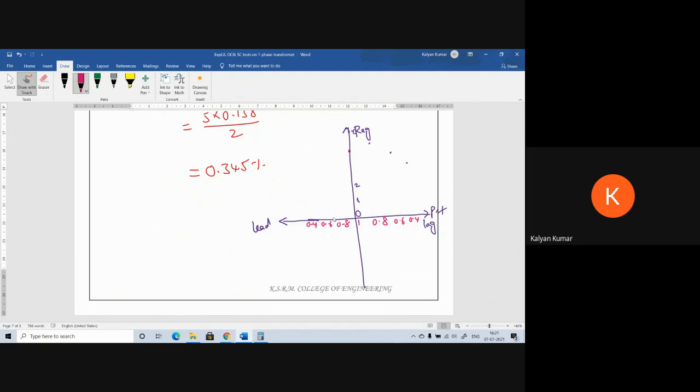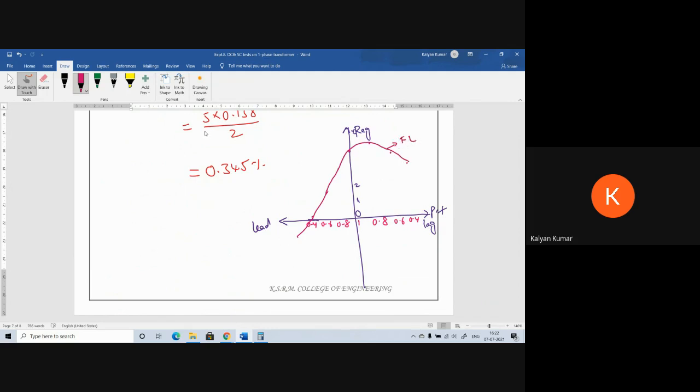Now, for leading power factors, the regulation values that we got will be represented in the second and third quadrants. So 0.8, 0.6, suppose 0.4, 0.2, like that if we got. Then if you join all the points, we will get the regulation curve corresponding to full load conditions.